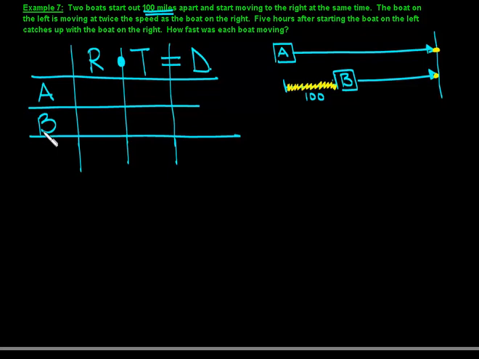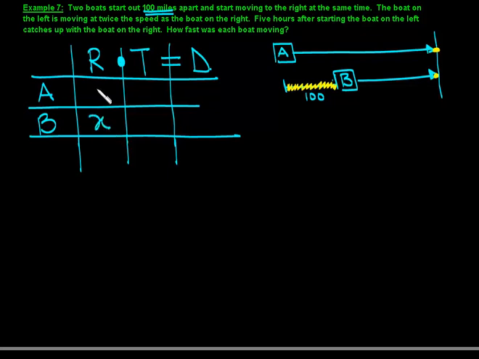Okay, alright, so let's see. Two boats start at 100 miles apart and move to the right at the same time. The boat on the left is moving at twice the speed as boat on the right. That means boat A is going twice as fast as boat B. Do we know how fast boat B was going? They didn't give us that this time, so let's call that x.